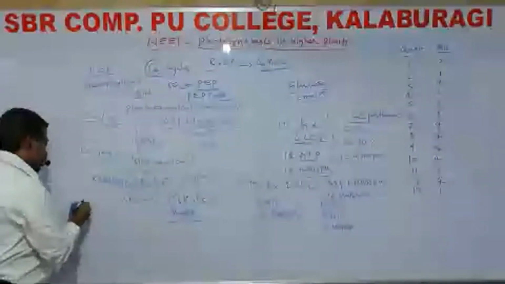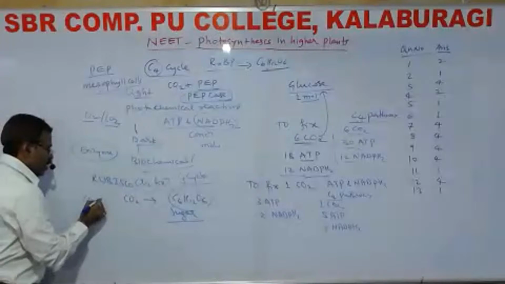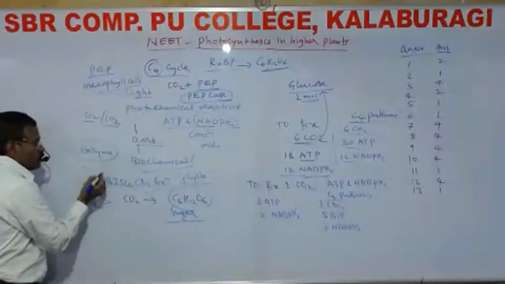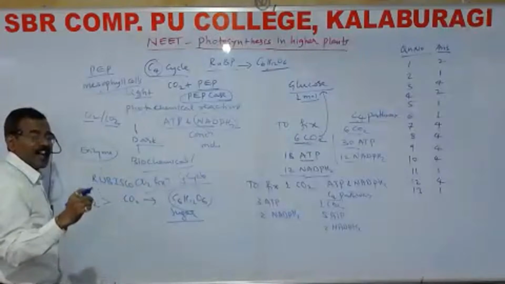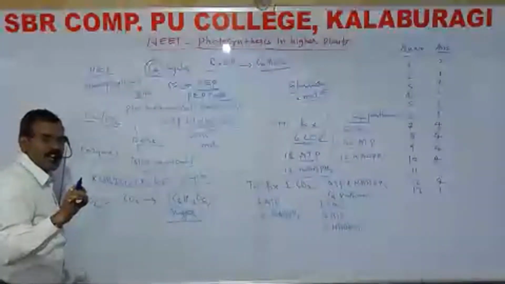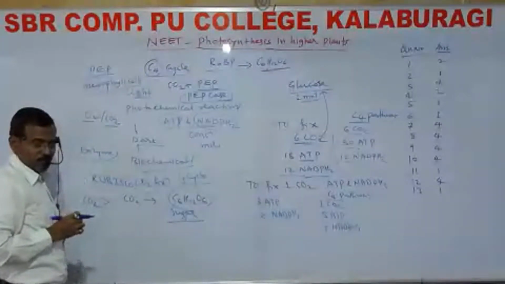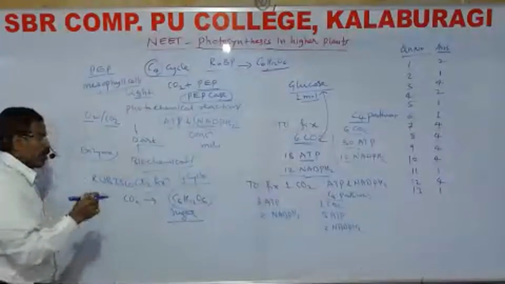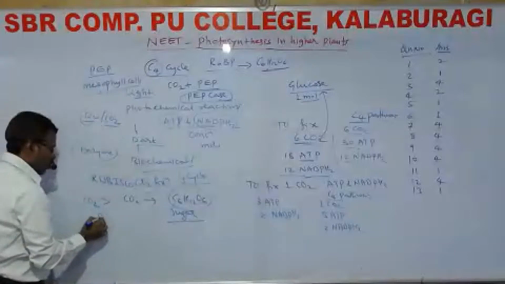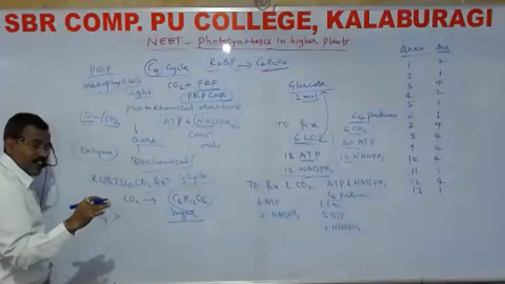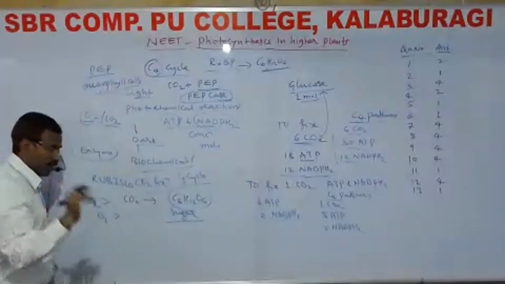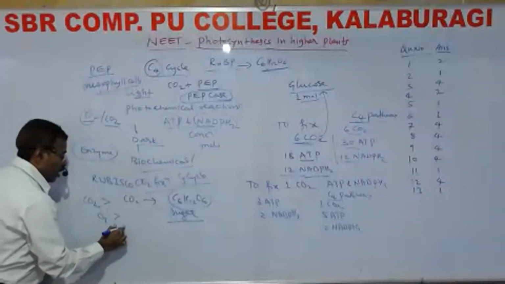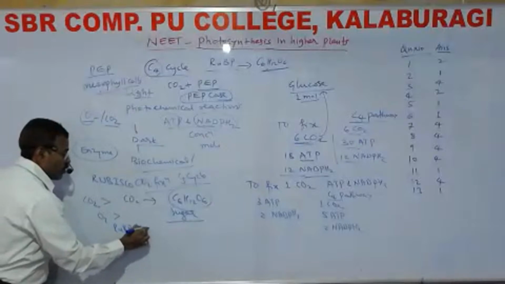Suppose if CO2 level is more, then Rubisco catalyzes carbon dioxide fixation. So it acts as RuBP carboxylase enzyme. Suppose if the relative concentration of oxygen is more, then it will start fixing oxygen instead of carbon dioxide. Then it acts as RuBP oxygenase.